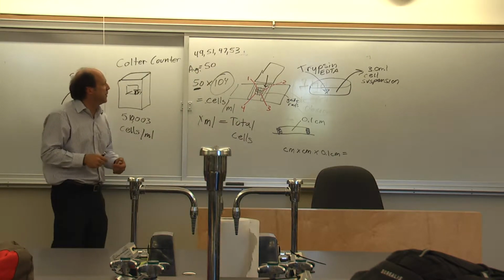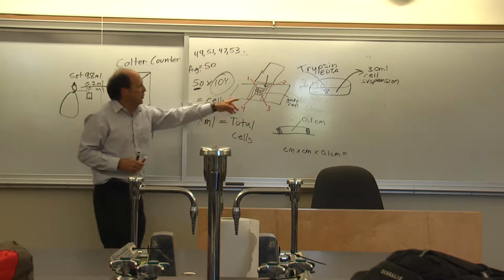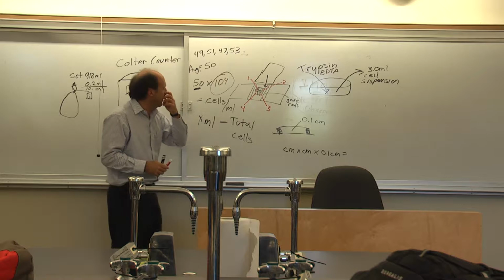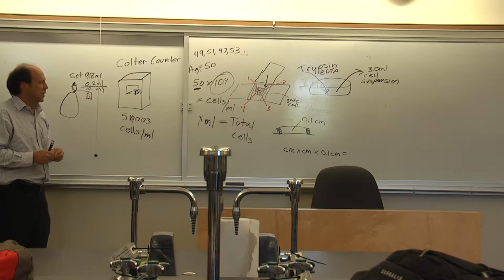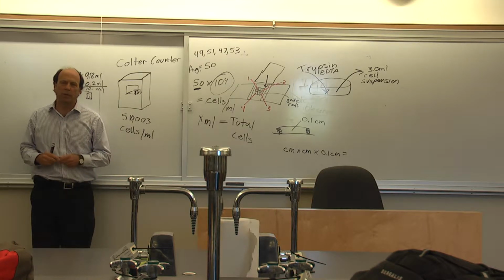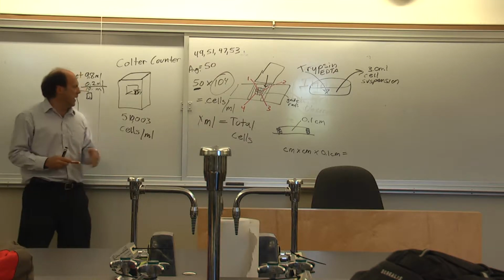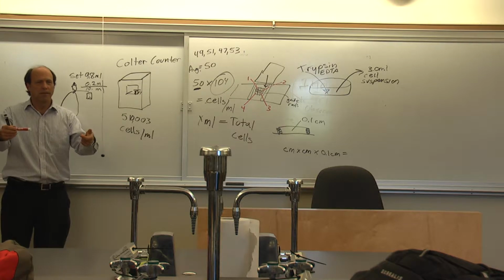And then the dimensions of each square, so you're able to calculate how many cells are in that field of 0.1 cubic centimeter. Okay, and then for the electronic cell counter, the number that it gives you is the number.